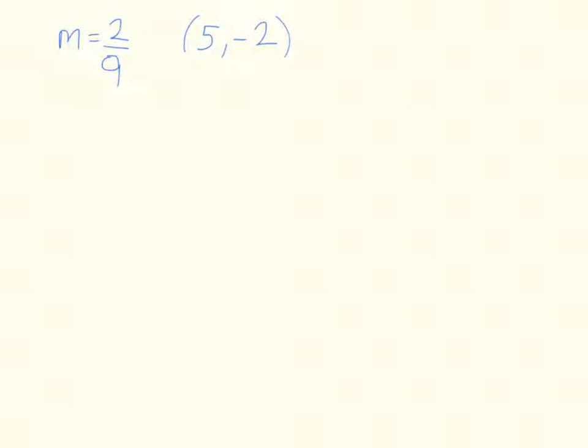Okay, in this last example I've been given the gradient is 2/9 and the point that it goes through is 5, minus 2. So I am going to need to substitute this all into the formula y minus b equals m bracket x minus a. You need to remember that formula. Okay, so I'm going to label my points a and b.